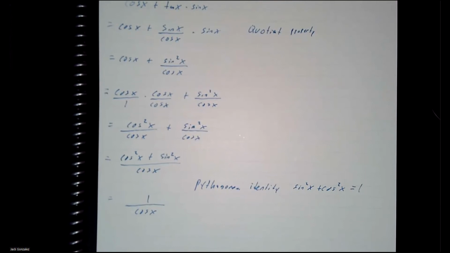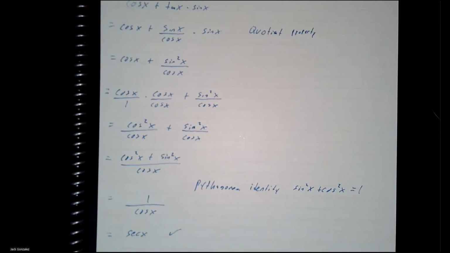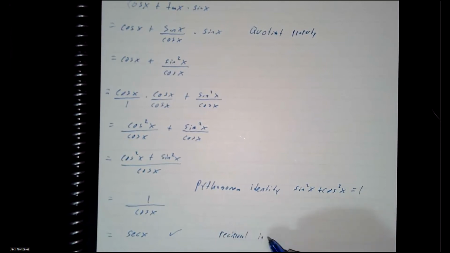So 1 over cosine is secant, and that's what we wanted to show. The reciprocal property, or I think we call them identities. I don't remember. Identity.